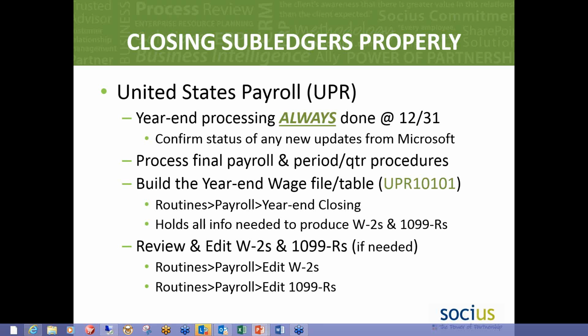Keep in mind that we don't have to run our W-2s at the exact moment that we close our year, because the whole purpose of building the year-end wage file is to take the data from the current year and move it off somewhere so that it can be used to produce our W-2s, but it has to be done before you run your first payroll in your new year.